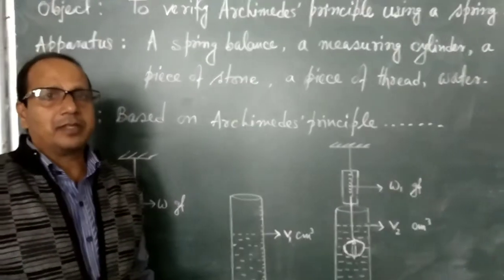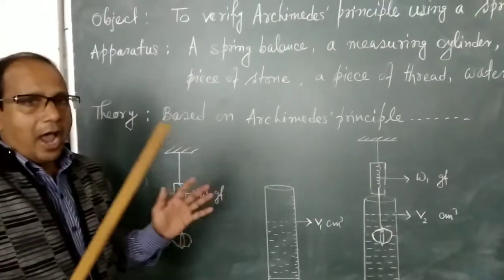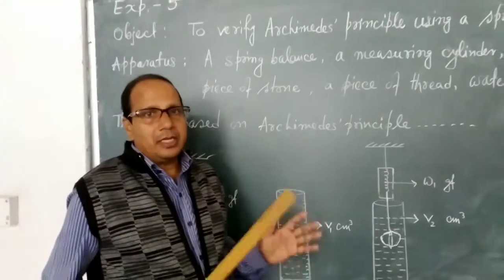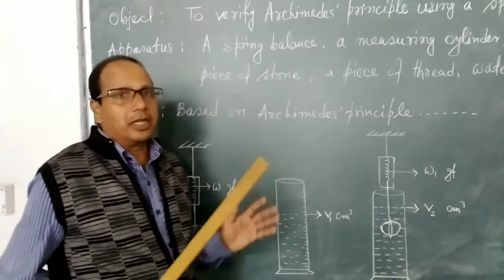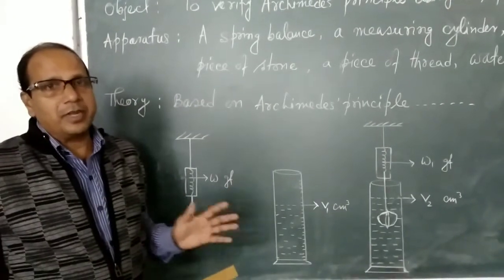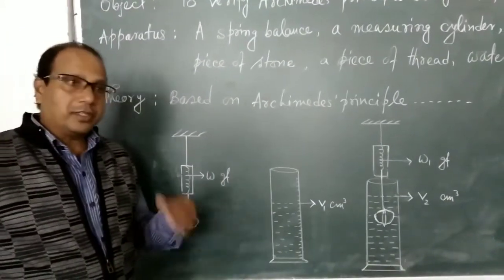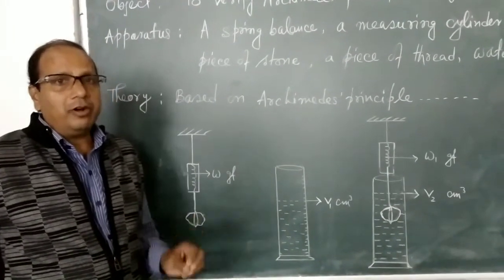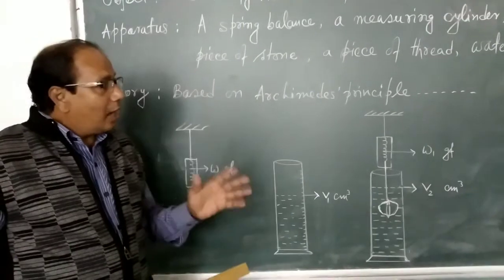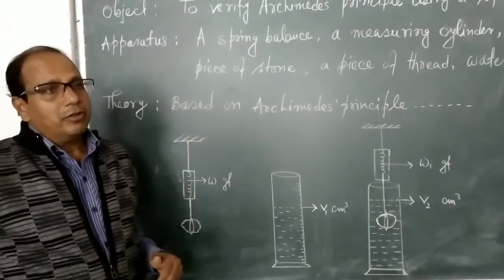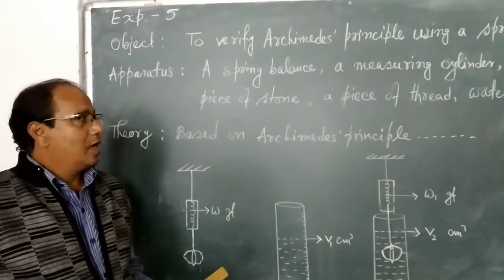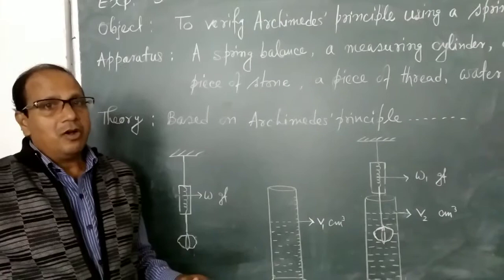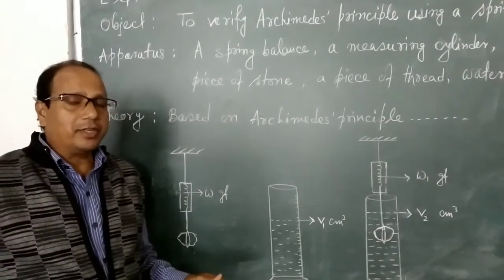Archimedes principle states that when an object is partially or fully immersed in a fluid, meaning liquid or gas, it experiences an upthrust, which is equal to the weight of the displaced fluid, meaning liquid or gas, and that upthrust is equal to the apparent weight loss, and that apparent weight loss again is equal to the weight of the water or liquid or fluid displaced.